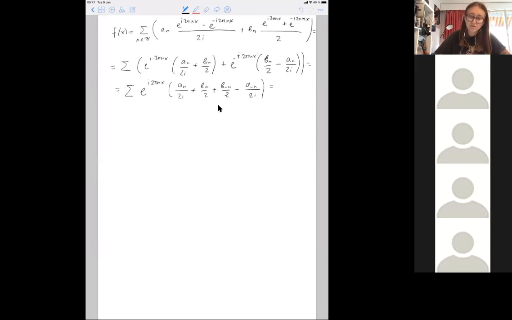We call this coefficient c_n, and hence we arrive at the following representation: f of x is equal to the sum of c_n e to the power i 2 pi n x. And this is called the Fourier series of f. And the c_n are called Fourier coefficients.